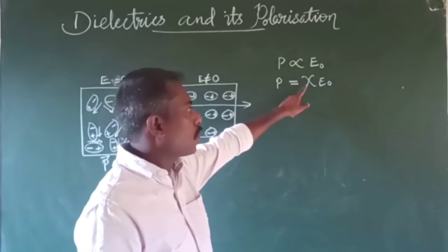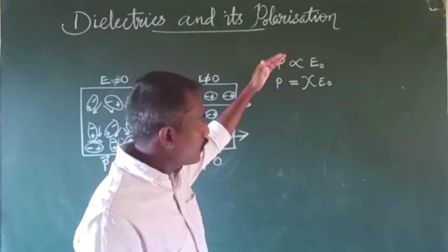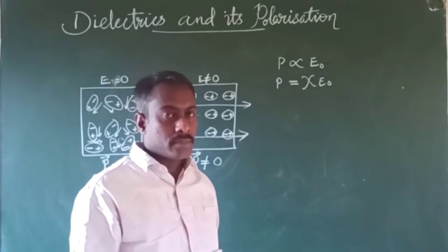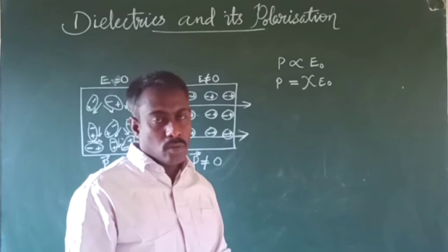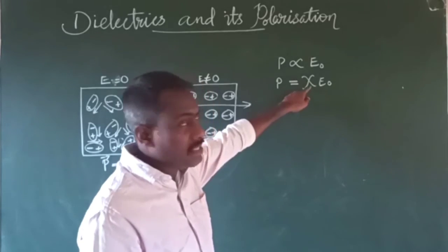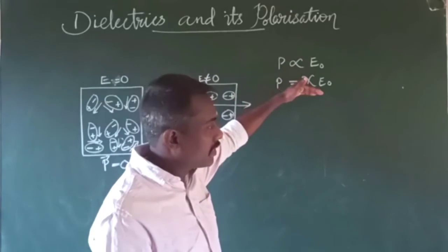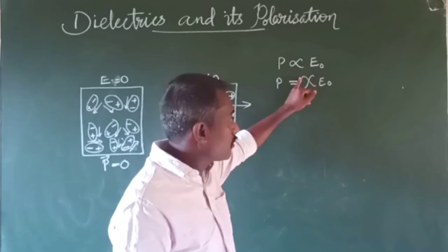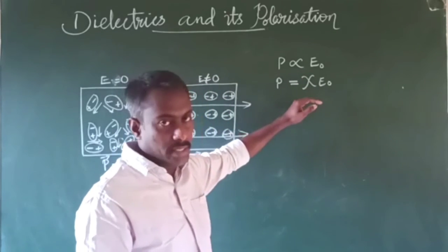And psi is called the electrical susceptibility of the material. What do we mean by electrical susceptibility? It is the electrical behavior of the dielectric material. The electrical susceptibility may be different for different materials.